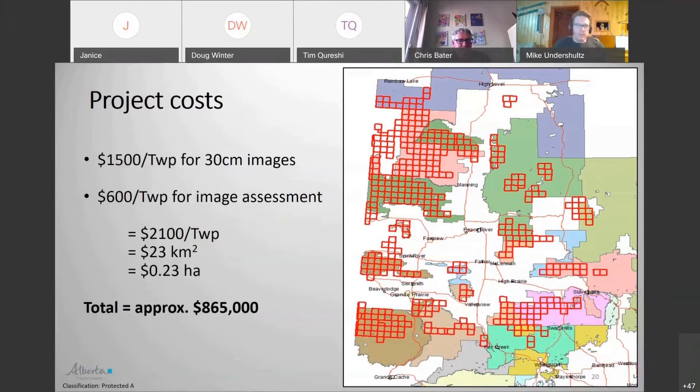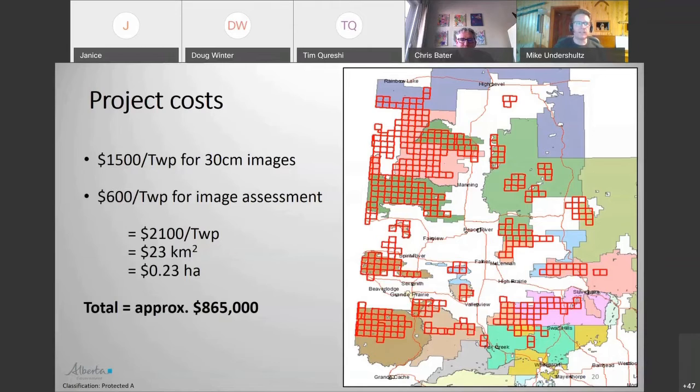The cost of the project, it wasn't cheap. Altogether, it was $865,000. That was over a few year period, because if you remember from the beginning, the photography was done over a number of years. And the majority of the cost was the photography. This cost also does not account for the PSP ground survey side of it. This is just the assessment and the imagery.